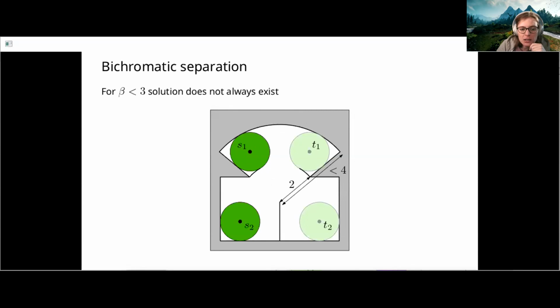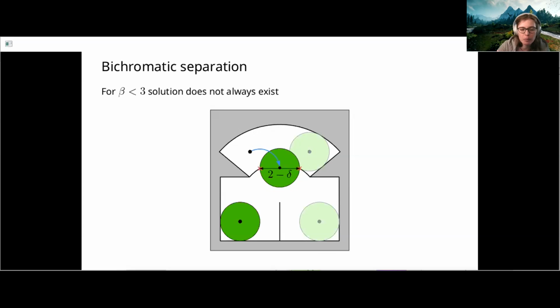There is enough space for the bottom robot to move from its start to its target position, but the distance from this tip of the wall on the bottom to the ceiling of the top component is just below 4. So two robots cannot comfortably fit in there side by side. So what happens here is that one robot cannot move from one component to another.